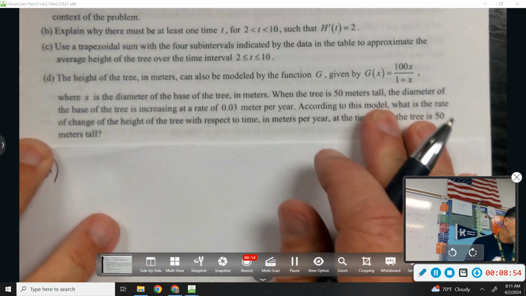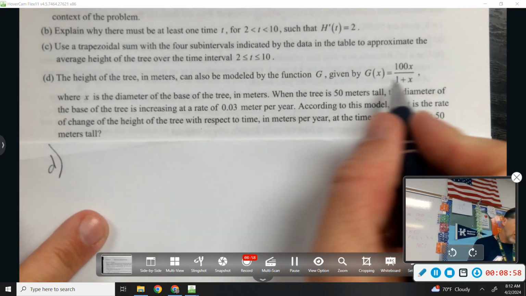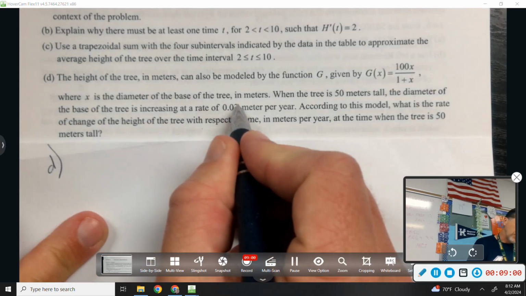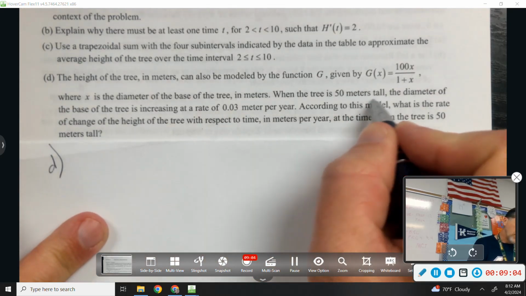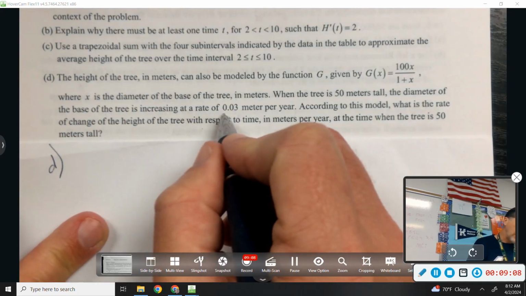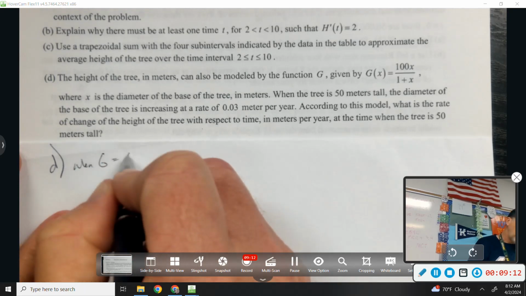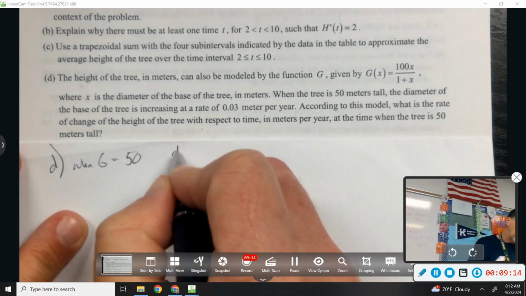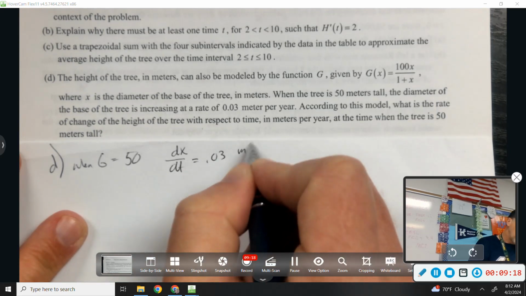But let's do D. The height of the tree can also be measured by the function g of x, where x is the diameter of the tree. When the tree is 50 meters tall, the diameter of the tree is increasing at a rate. So when g equals 50, dx dt is 0.03 meters per year.